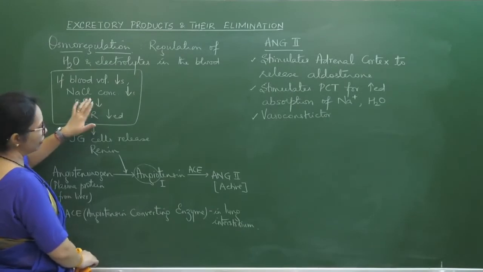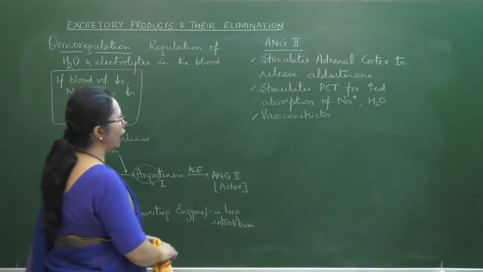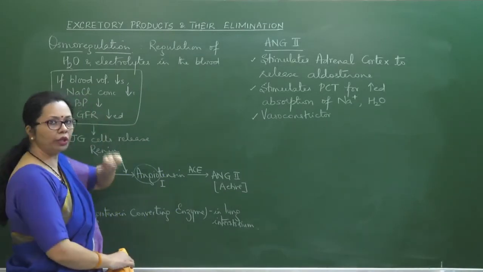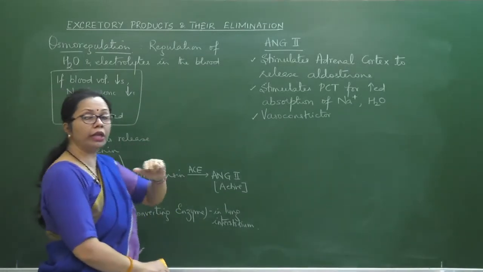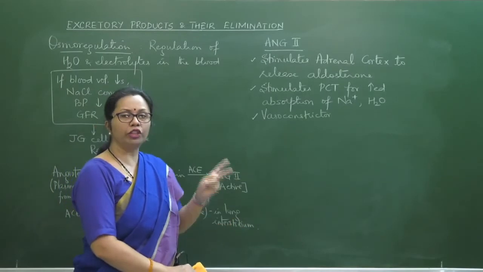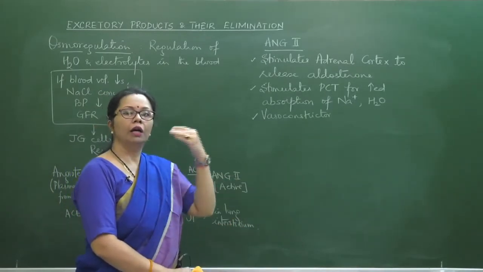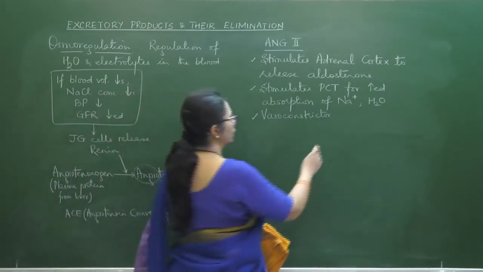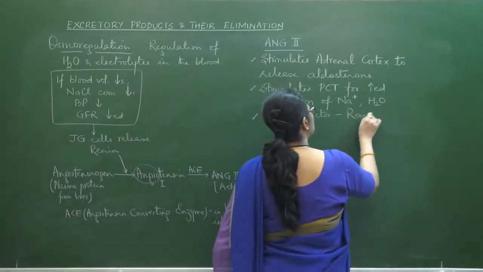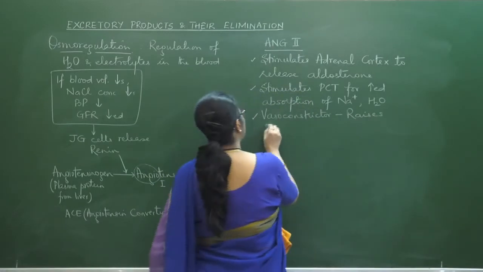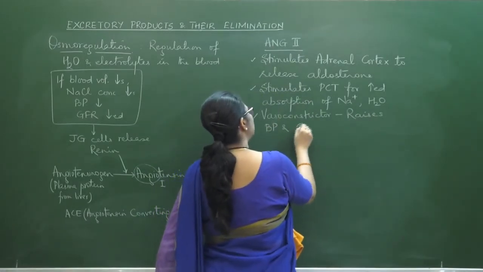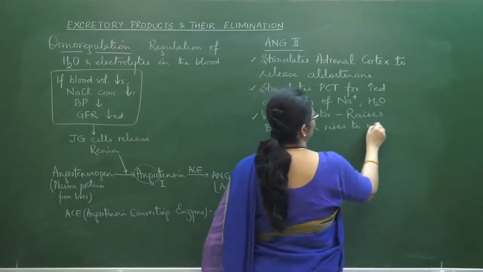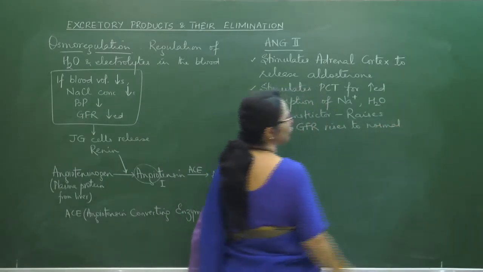And GFR which was decreased is going to increase, but it is not going to increase beyond 125. It is just going to increase to the normal level. So that is also important. So this way it raises blood pressure and GFR rises to normal. I am writing that so that there is no confusion.